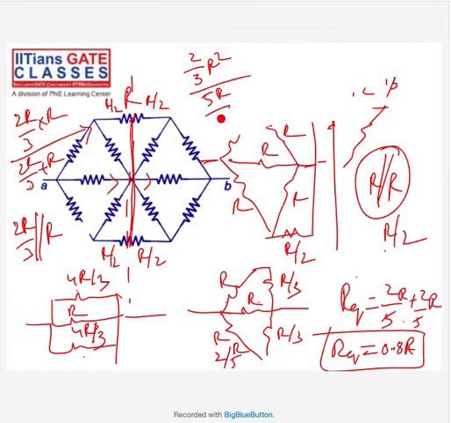So 5R by 3. I did the LCM here. So 3R plus 2R is 5R, 5R by 3. So 3 and 3 get cancelled. This is 2 by 5. R and R square get cancelled. 2 by 5R. Now 2 by 5R and 2 by 5R are in series because I'll have one more, since I divided this. I'll have one more in series. 2 by 5R and 2 by 5R. This is 0.8R.